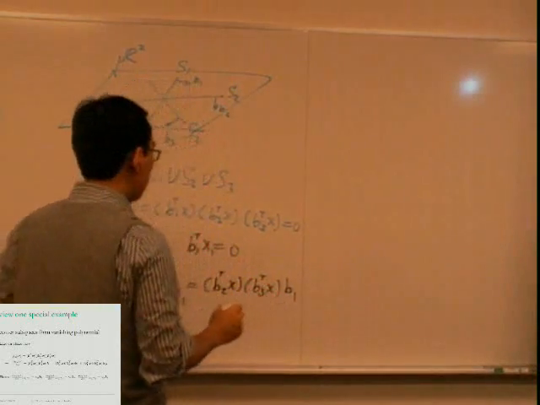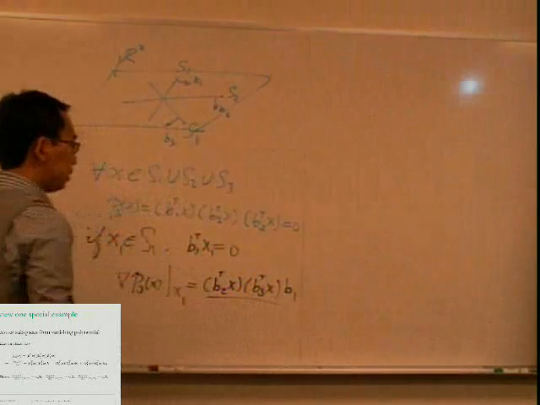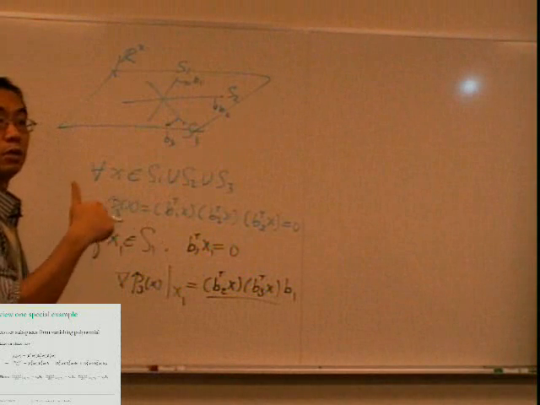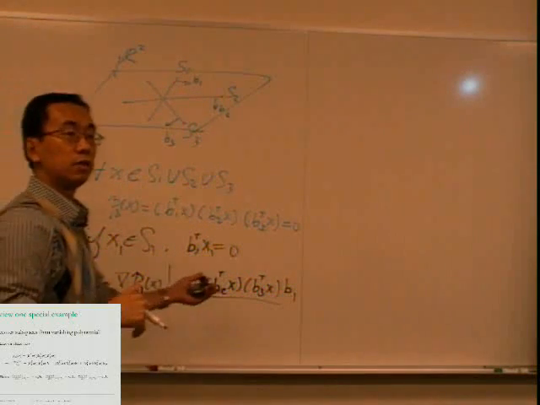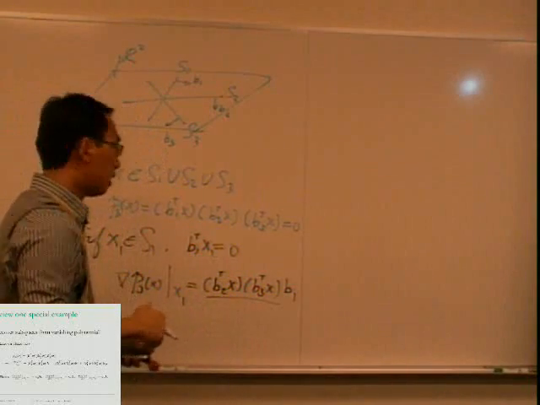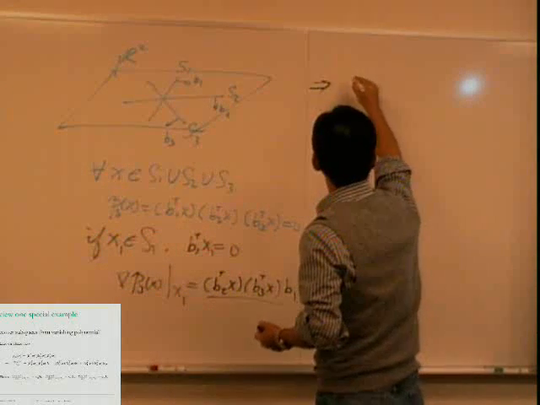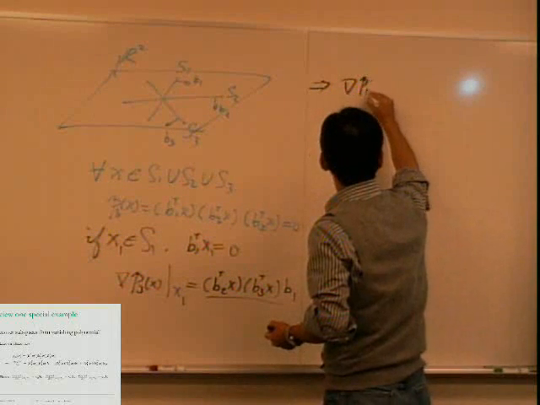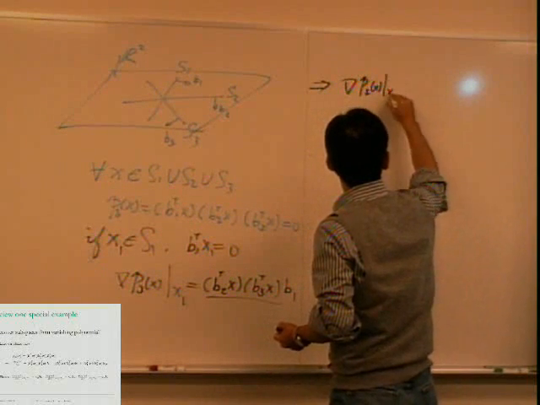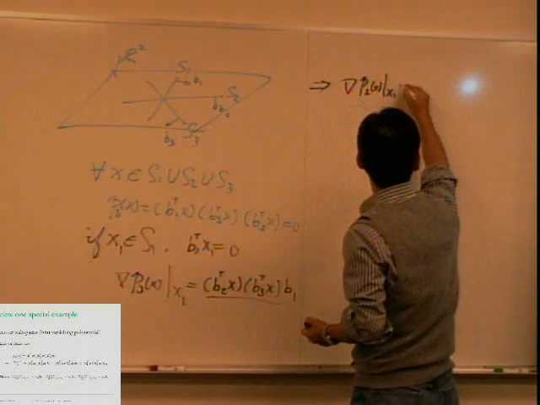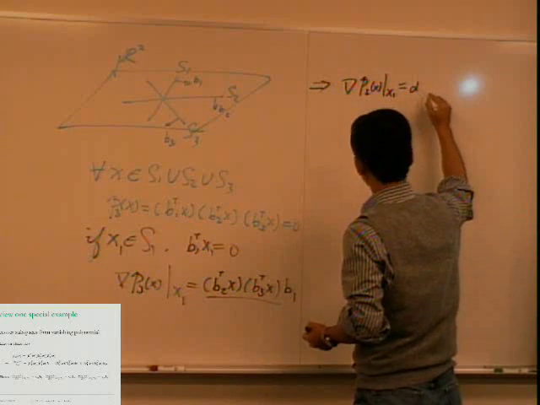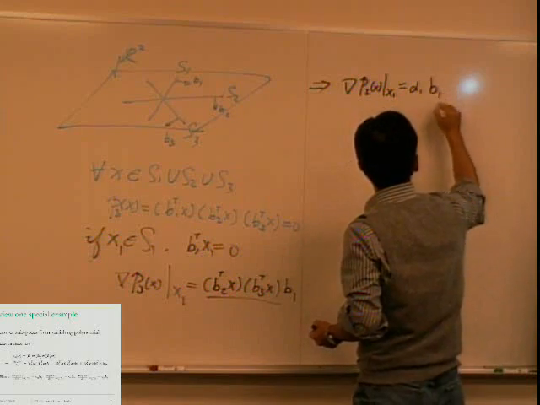Right? But this is a scalar anyway. So you only need to know the orientation of the normal vector that's perpendicular to S1. Which tells you that the derivative of P3 evaluated at x1 is equal to a scalar coefficient times B1.